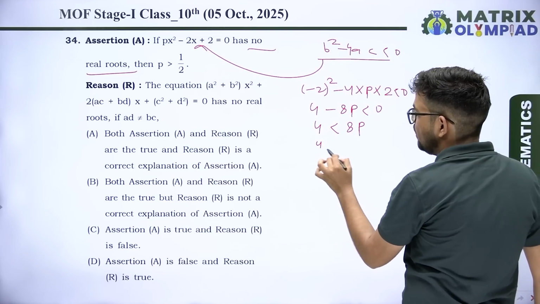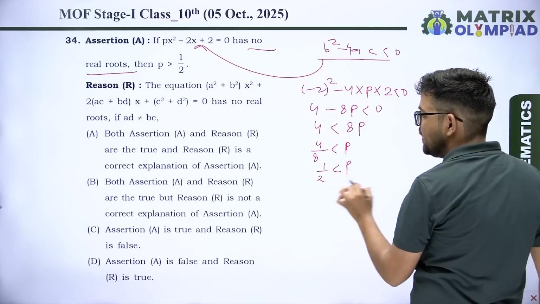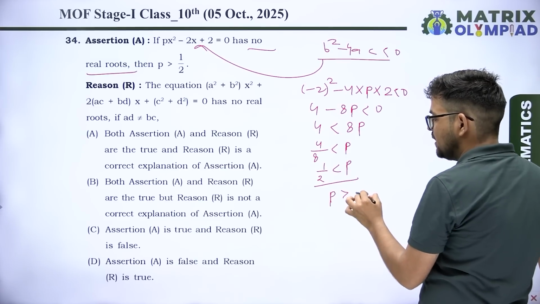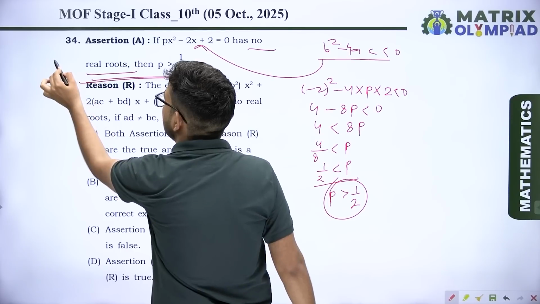So 4 upon 8 is less than p, that is 1 by 2 is less than p. It means p should be greater than 1 by 2. It means our assertion is correct.